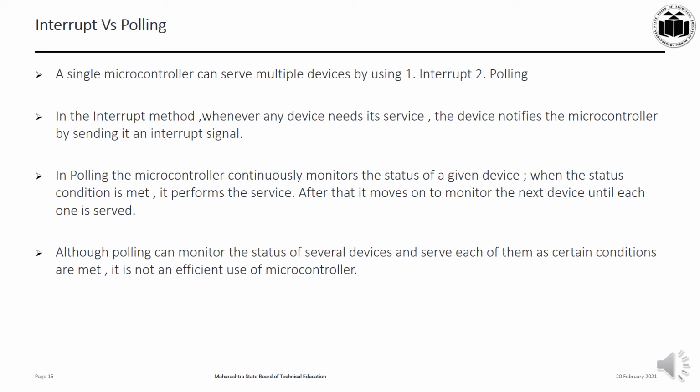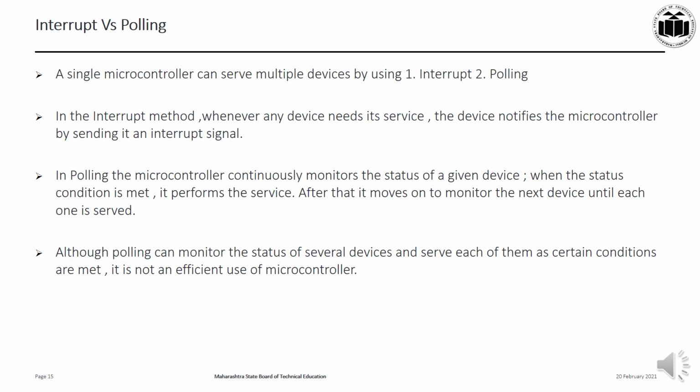More importantly, in the interrupt method, the microcontroller can also ignore a device request for service. This is again not possible with the polling method. The most important reason that the interrupt method is preferable is that the polling method wastes much of the microcontroller time by polling devices that do not need service.